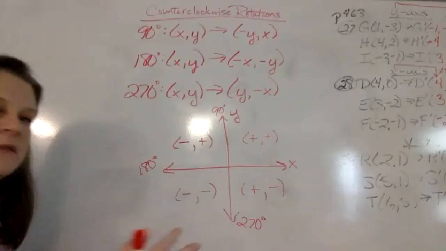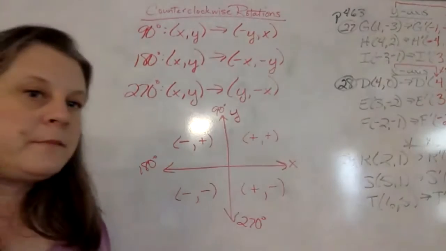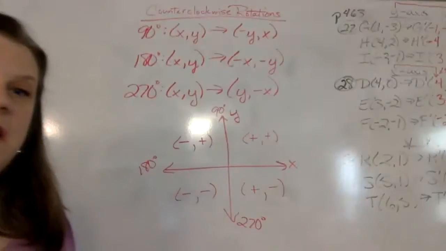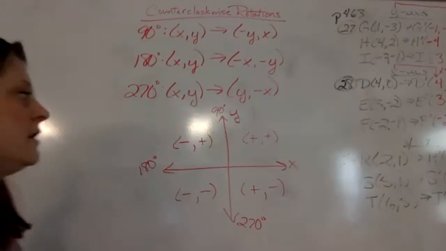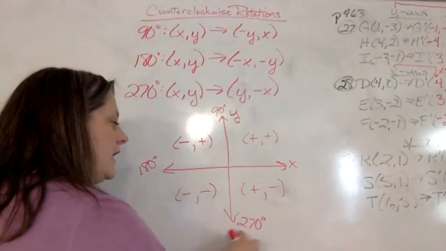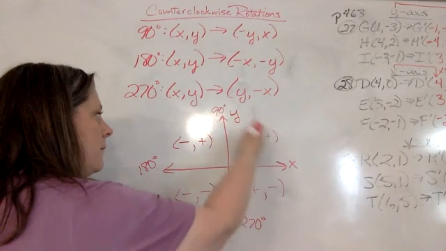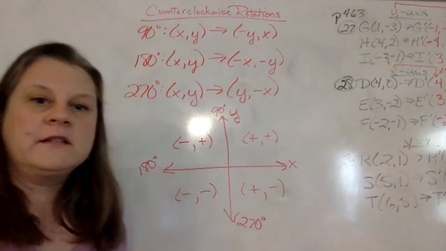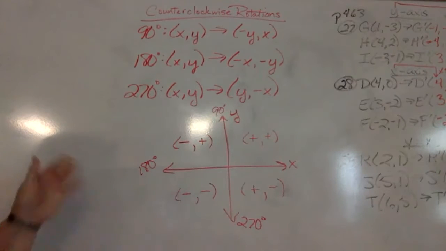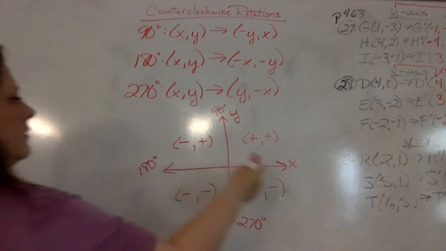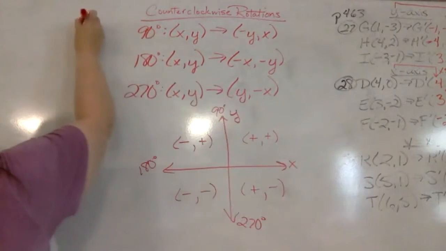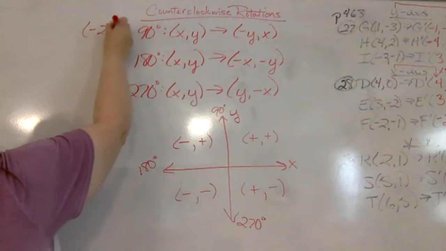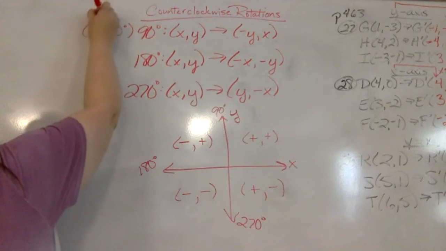So instead of positive 90, it would be a what? Negative. A negative 90-degree rotation. Okay, but we know going negative 90 degrees is the same as going positive 270 degrees. So we're just going to figure out which one it matches up with and find it. So positive 90 would be the same as negative 270 degrees. This would be if we were going clockwise.